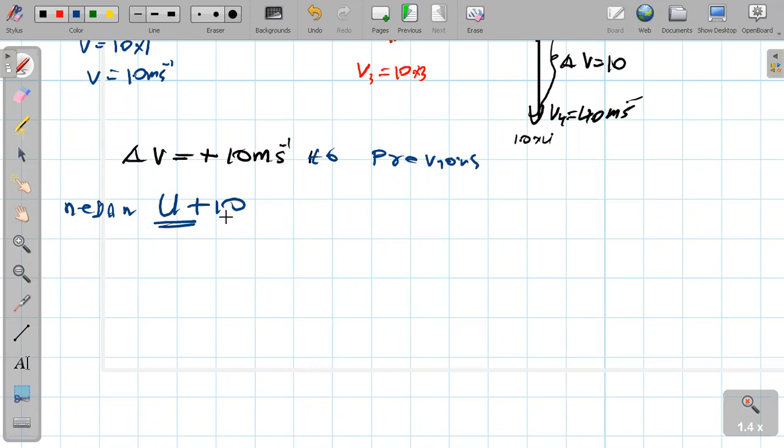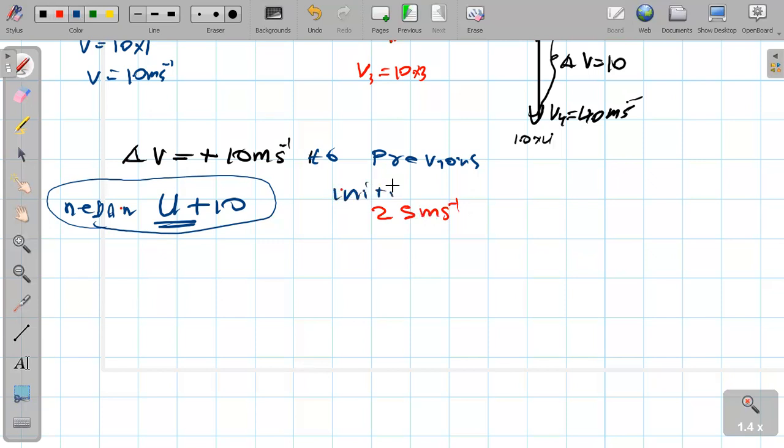Yeah, good. Right. That means it's a really simple thing. You add 10 meters per second to the previous value in the next second. Example, if initially it was running at 25 meters per second, after 1 second, what is the velocity?